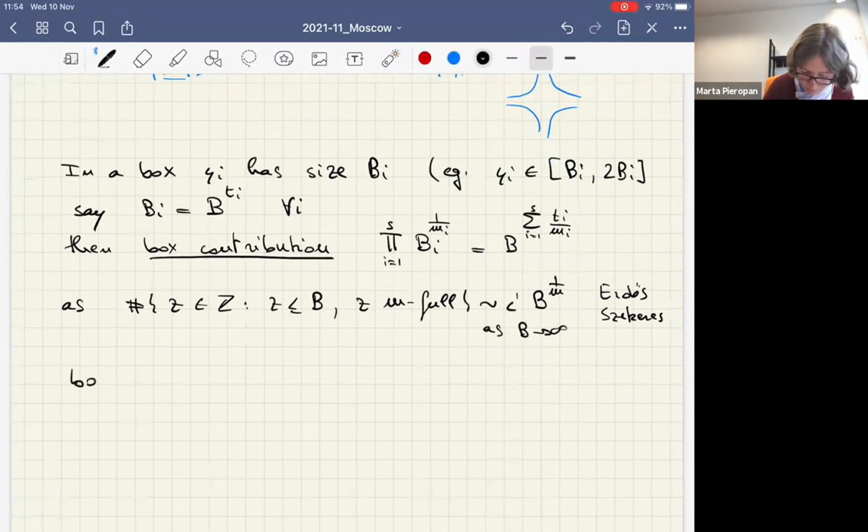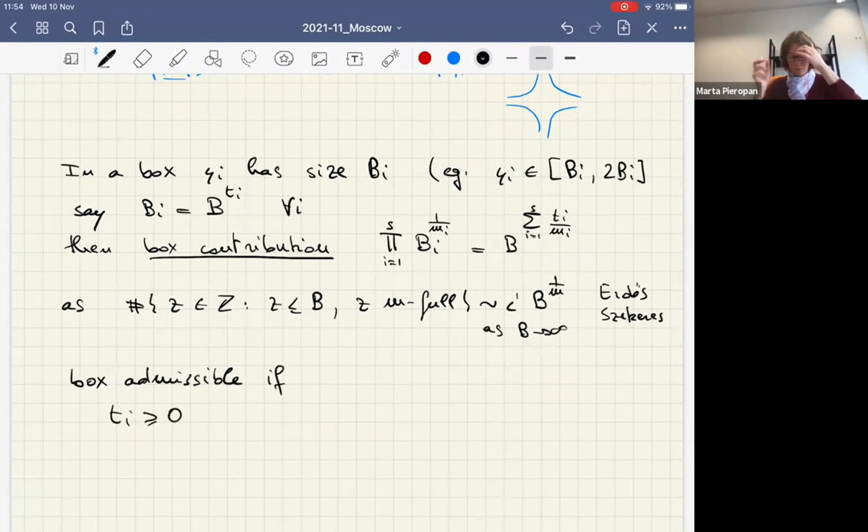So we say that the box is admissible for this counting problem if we want the ti to be positive real numbers, and then we want that the box is inside the area of summation.